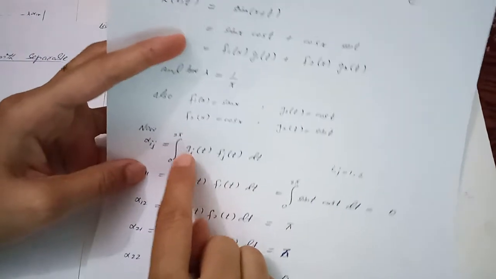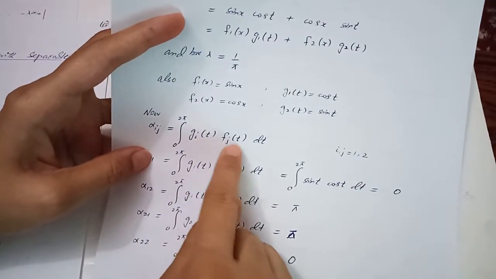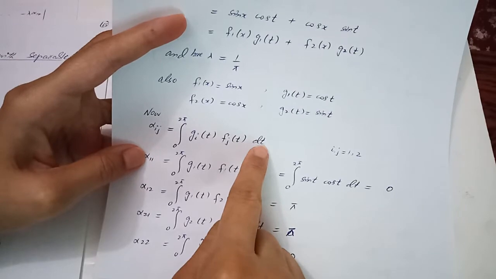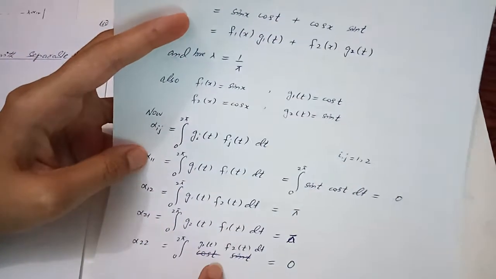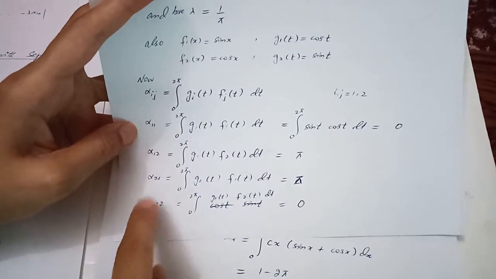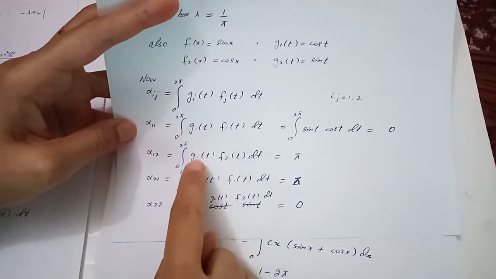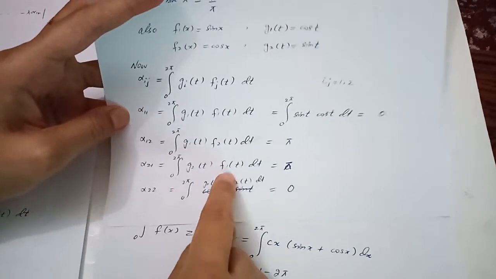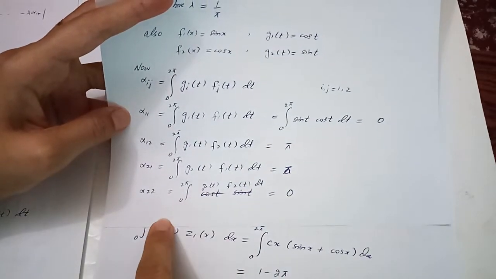In our general system, alpha i j was, with integration from 0 to 2 pi, g i of t, f j of t dt. Our iteration is from 1 to 2 only, so it's going to be 1 1, 1 2, 2 1, 2 2. So g1 f1, g1 f2, g2 f1 and g2 f2. These are our possible combinations.